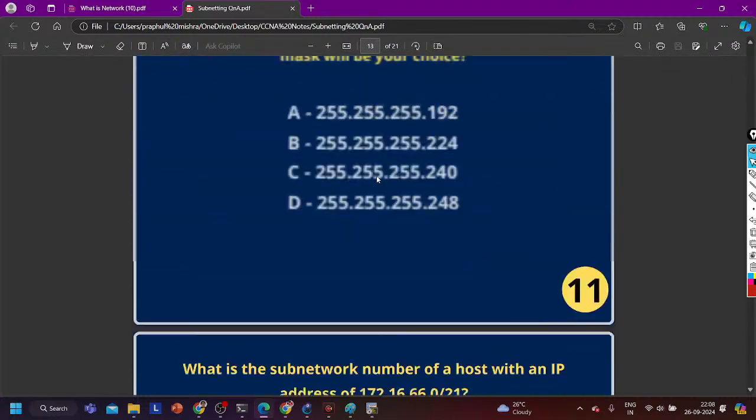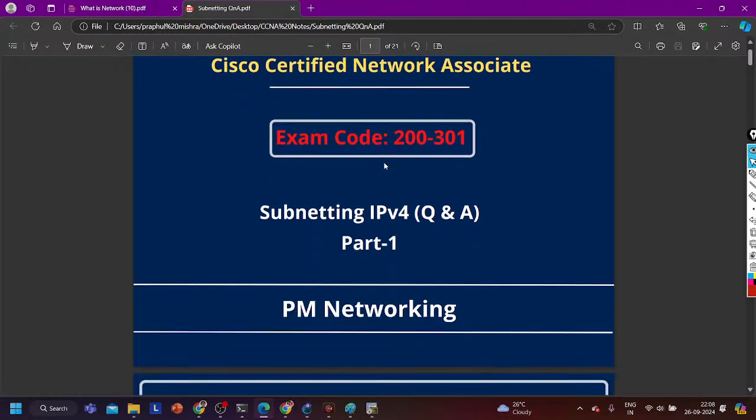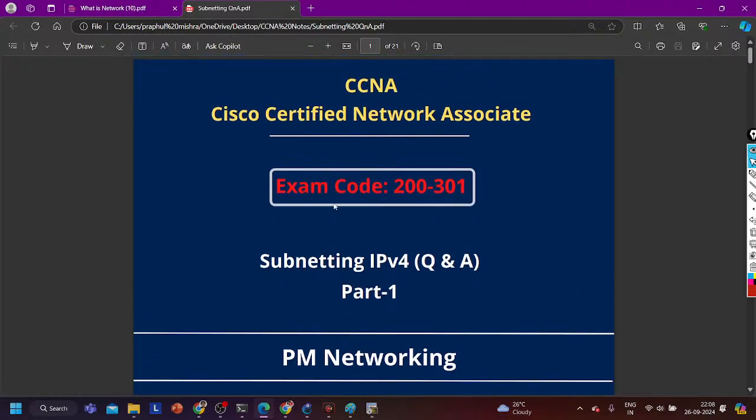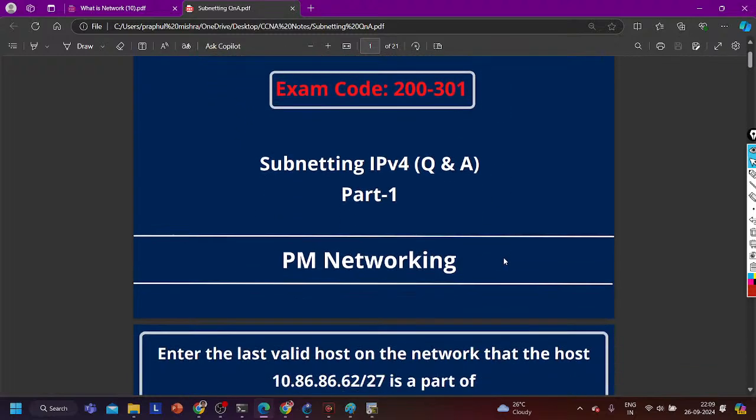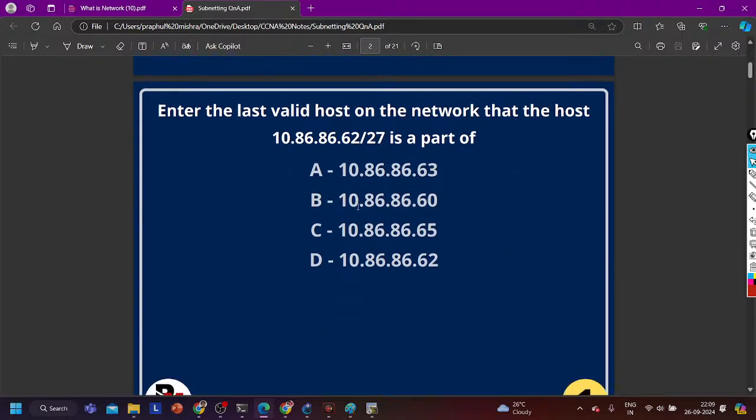Until and unless you are able to solve all these questions, guys, keep working yourself on subnetting. I have collected these questions from the CCNA 200-301 version 1.1 exam code. This is important for your CCNA exam, right?